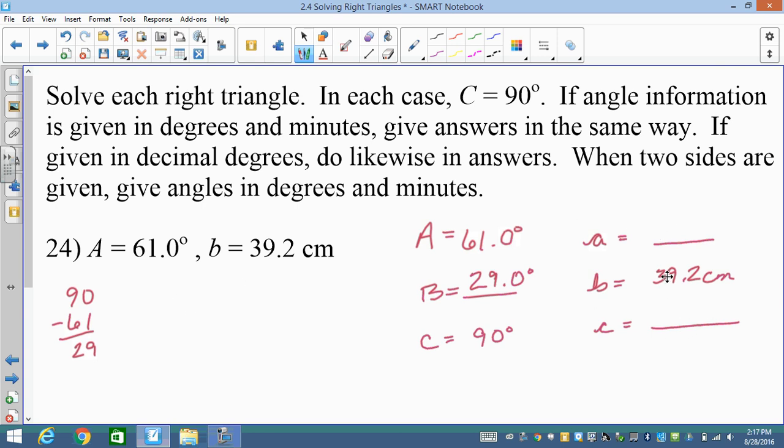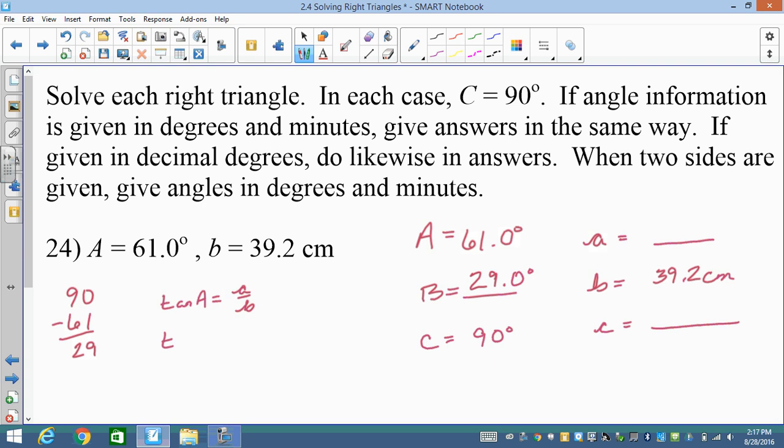So a over b would be tangent. For those of you going, wait, how do you know? It's the only one where we don't need the hypotenuse, and c is the hypotenuse. So tangent of A equals little a over little b.